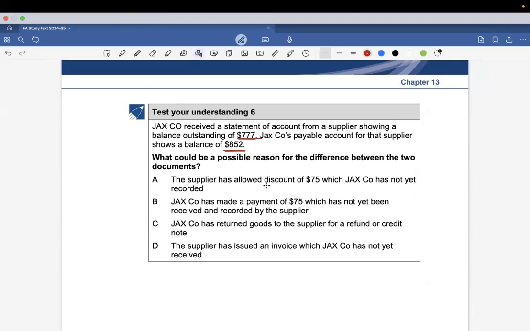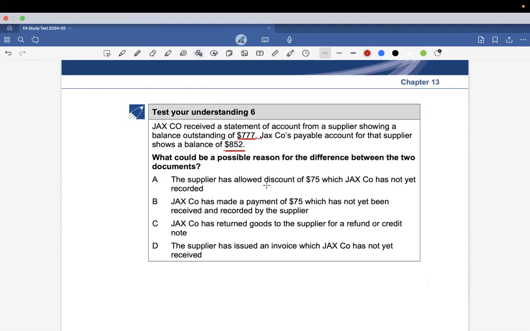The supplier has allowed a discount of 75, which Jack's company has not recorded. Second one, Jack's company made the payment of 75, but it was not recorded by the supplier. Third one, Jack's company returned goods to the supplier as a credit note, but may not have recorded it.